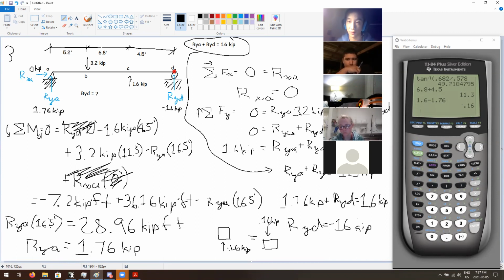It's going in the opposite direction now. You can also see this as, so you see how this is pushing with 1.6 kips. You can also pull with 0.16 kip. I think I misspoke earlier. 0.16 kip. Does that make sense?